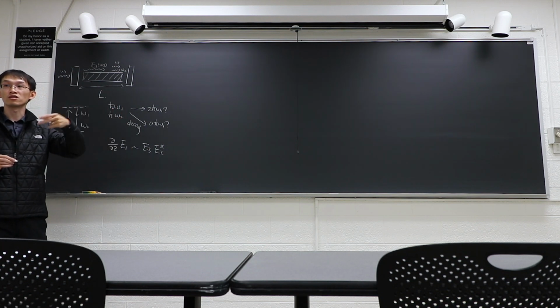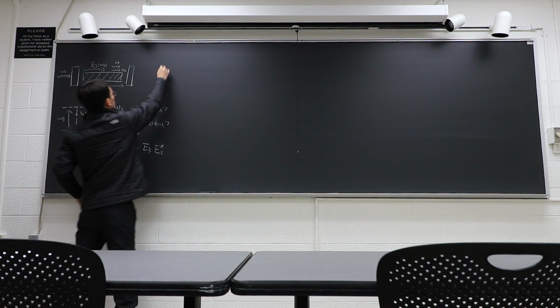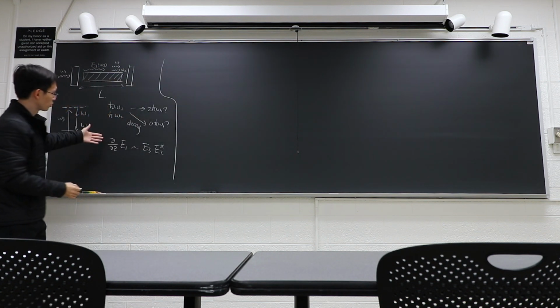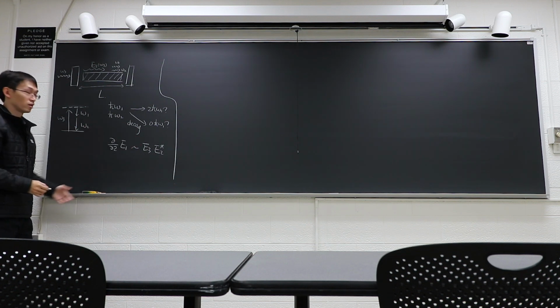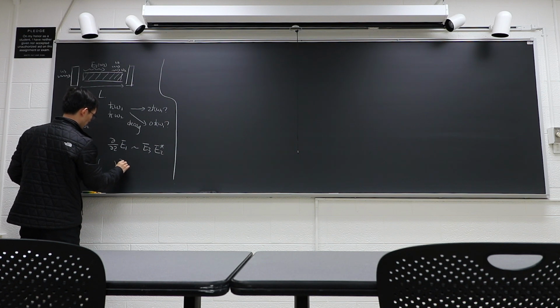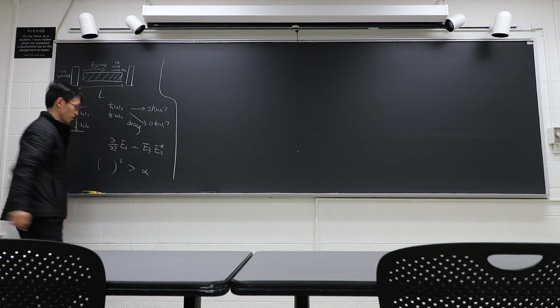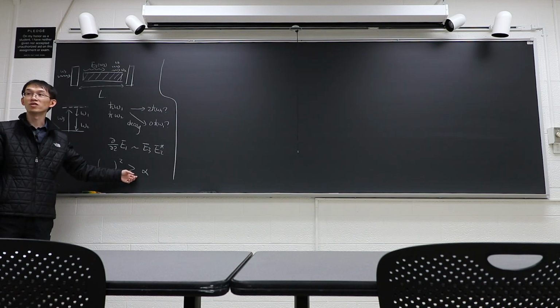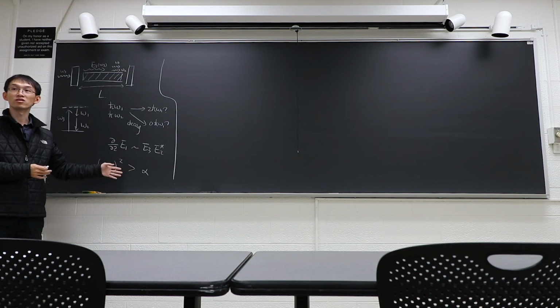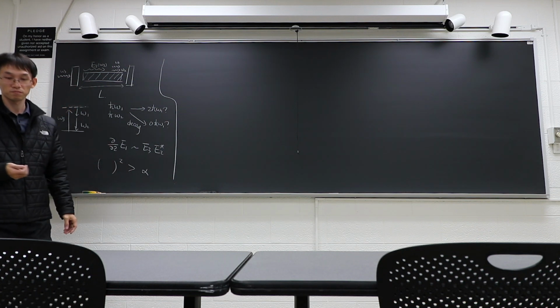One photon leads to 2, 2 leads to 4, 4 leads to 8, and then they start to oscillate. When we do this calculation later, there will be a term that has to be larger than your loss, and this would be your threshold condition.